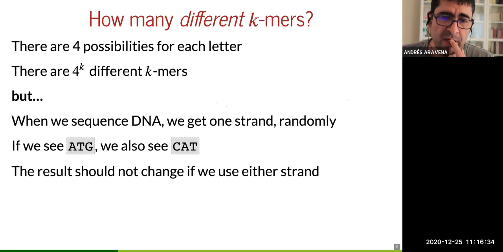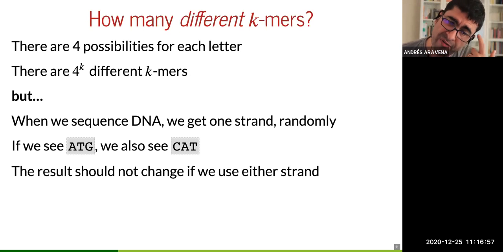Now, the second point is this. At least in metagenomics, when you sequence something, you get one of the strands randomly. So you don't know which strand you are seeing. You have both strands and you are seeing one of them.